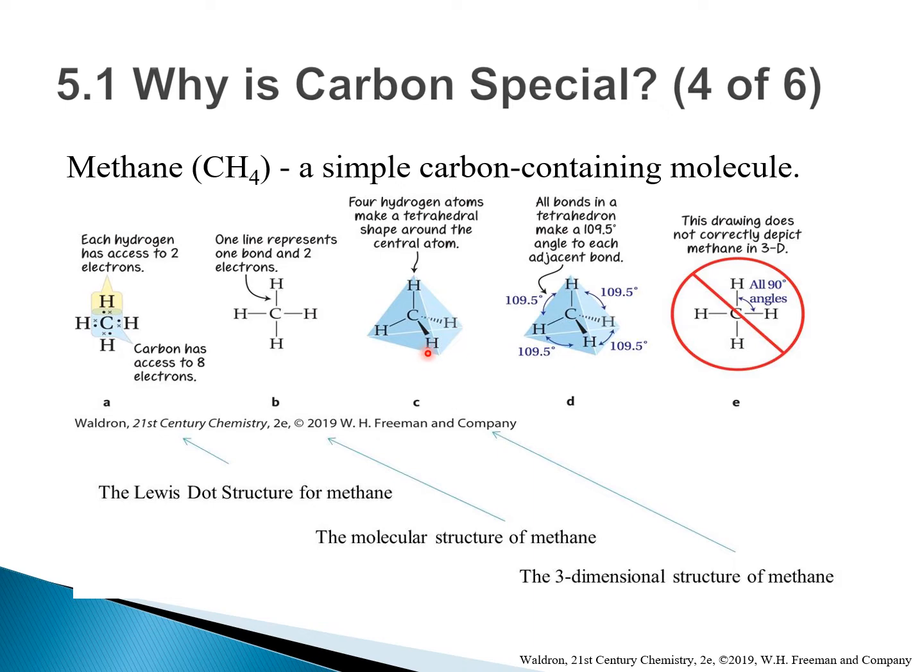The hydrogen atom on the dashed line is pointing away from the viewer, going behind the paper. All bonds in a tetrahedral structure make a 109.5 degree angle to each adjacent bond. This drawing does not correctly show the structure of methane in 3-dimensional.